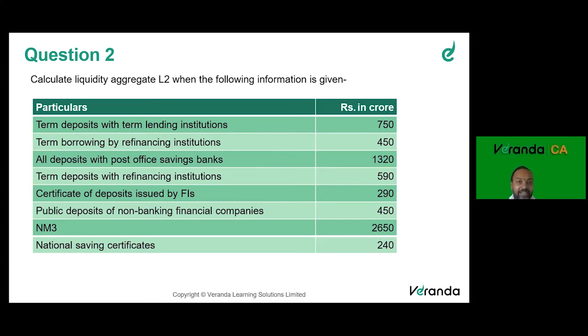Anybody having a calculator? Otherwise, let me try my calculator. So we are having 2650 plus 1320, that is 3970. That is our L1. Very good, Neil.